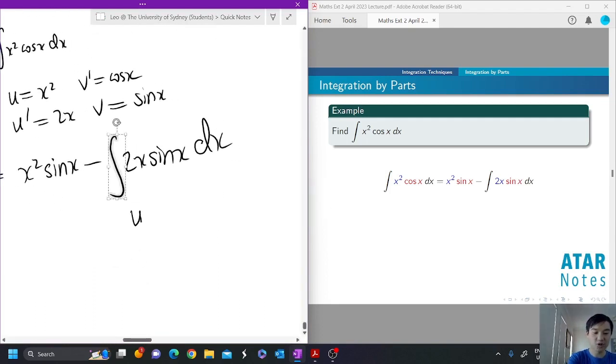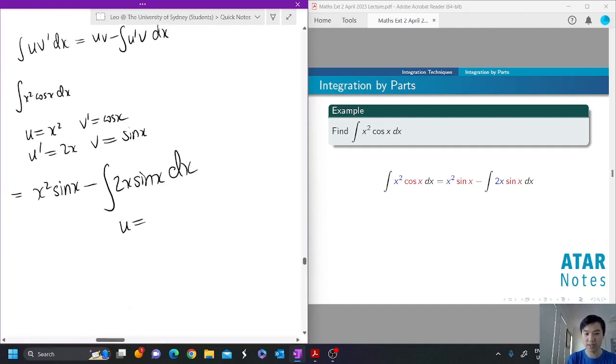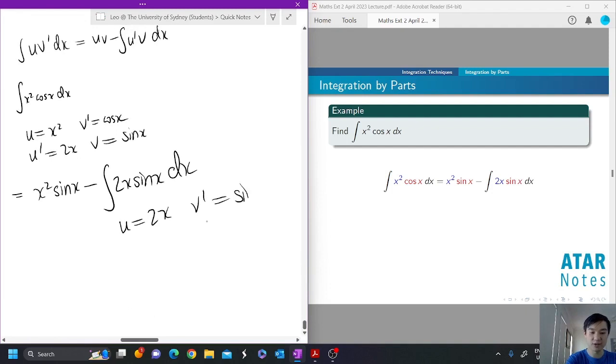I'm going to let u be equal to 2x, because LIATE says algebra gets priority over trig, and v dash is going to be sine. So u dash will be 2 and v is going to be negative cos.